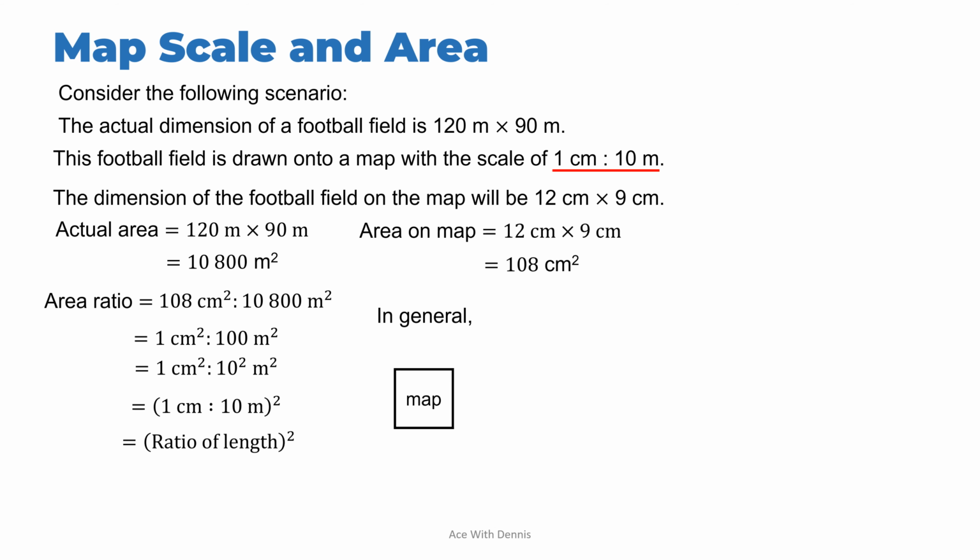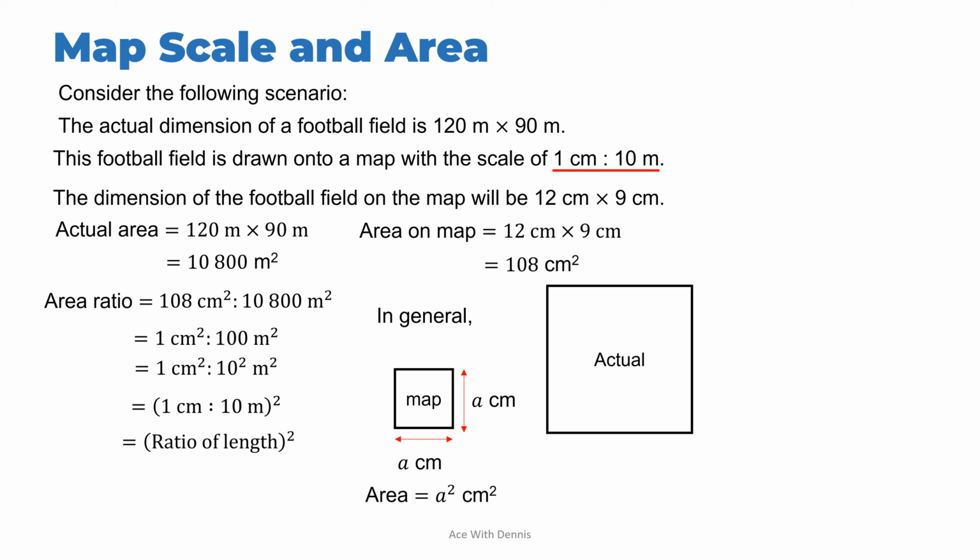In general, let's say there's a square on a map with the side of a centimeters. The area of this square is a square centimeters square. And the actual shape of the square is r centimeters by r centimeters.